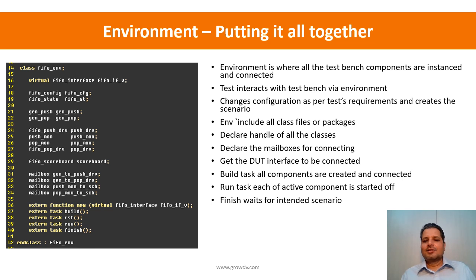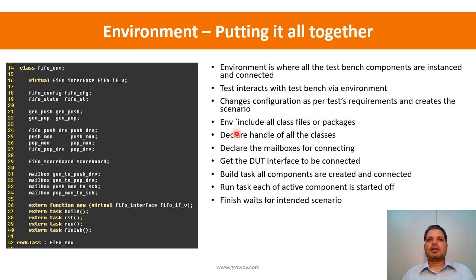So far, one big feat we have accomplished is that we have looked at all the components. Two layers of components: the low level driver monitor for push and the driver monitor for the pop interface. We have looked at how the generate push is created, and how the generate pop is created.